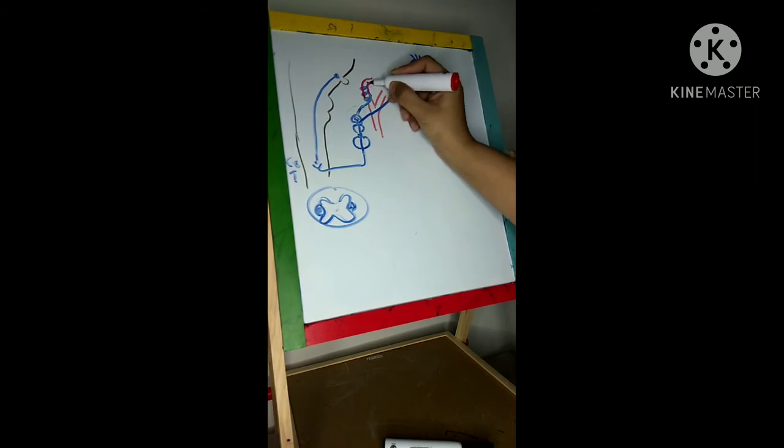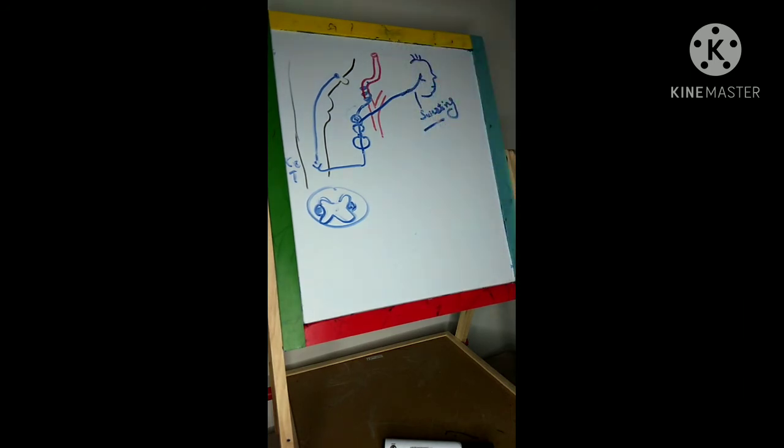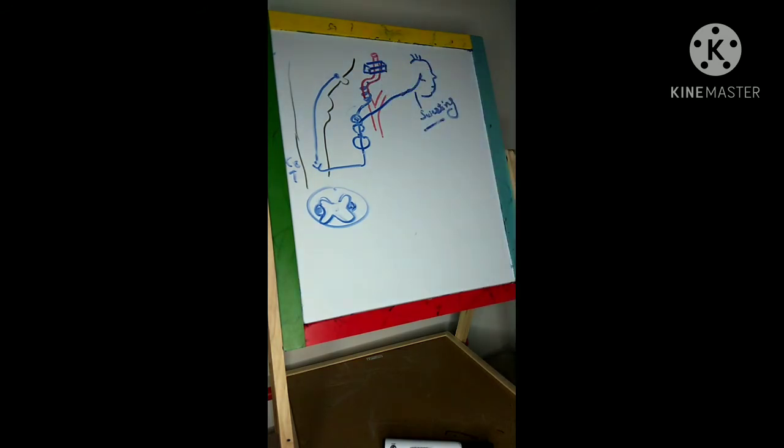Then the other fibers after the synapse, the third order, go along with the internal carotid artery. I have tried to show that the internal carotid artery passes through the carotid canal and then it enters the cavernous sinus, and it then moves up. So this cube I have shown as a cavernous sinus.